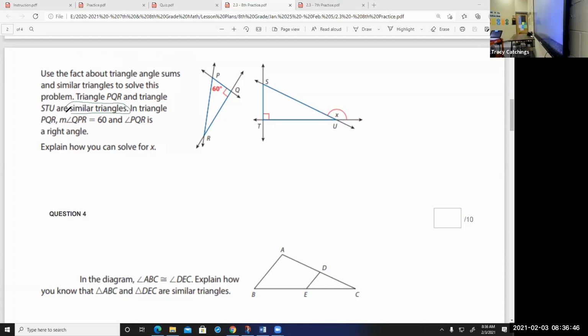All right, they told us these are similar triangles. Similar triangles have corresponding sides. So then I take note of how they gave the triangles: PQR and then STU. So that means P is going to be similar to S. Q is going to be similar to which one?